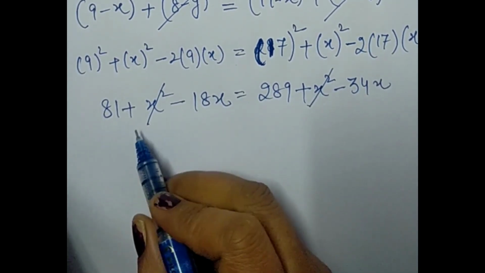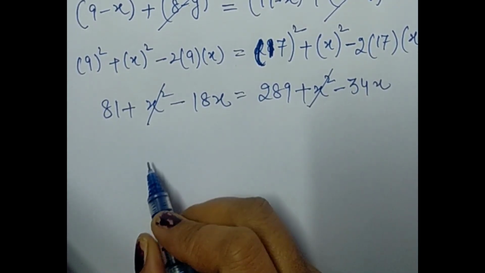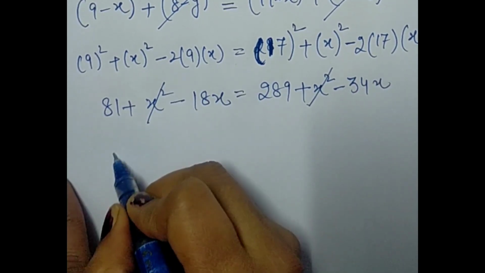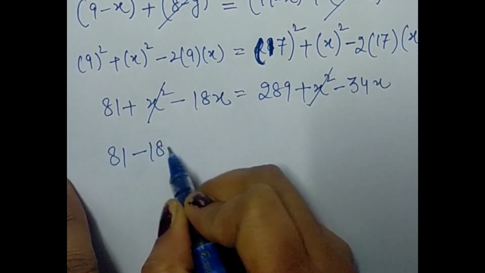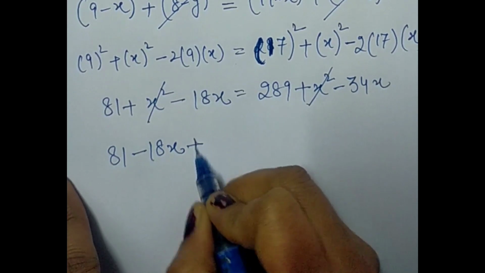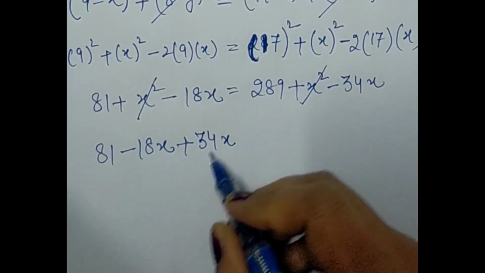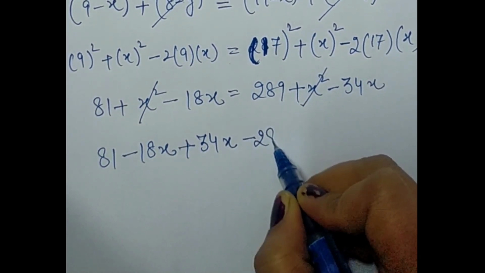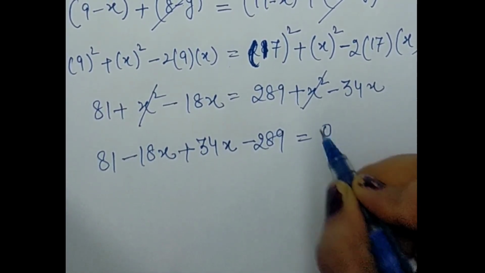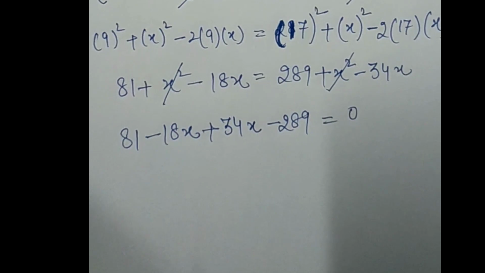So what we are left with now is 81 minus 18x on the left side, and I'm going to shift the other terms here, 34x with a plus sign and 289 with a minus sign. So let's solve it now.